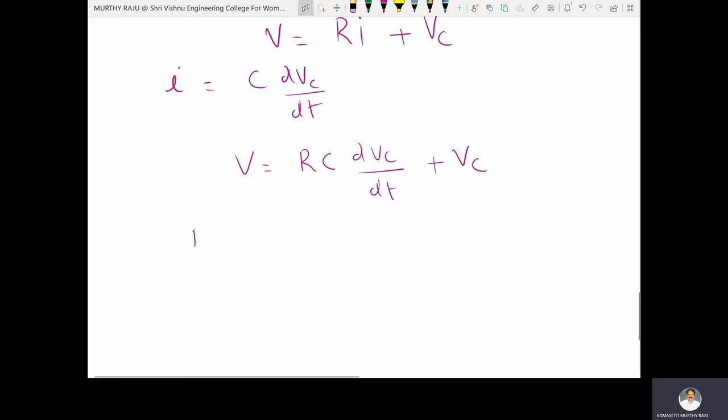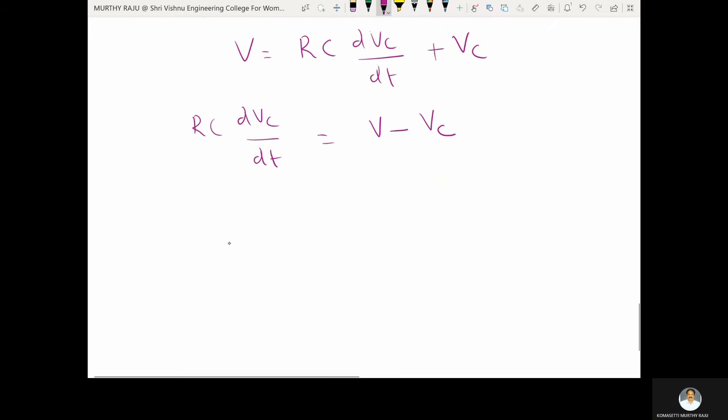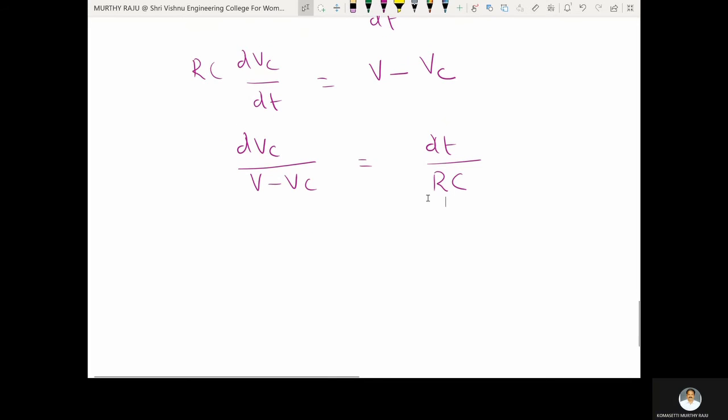Rearrange this equation: RC dVc by dt is equal to V minus Vc. So dVc by V minus Vc is equal to dt by RC.